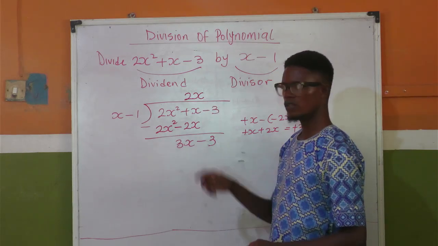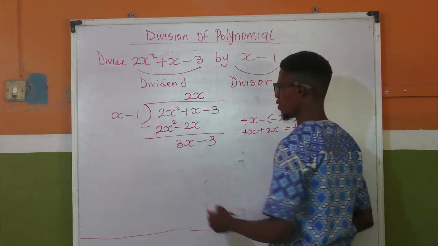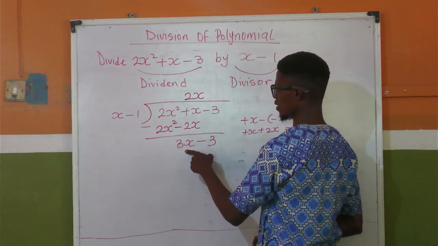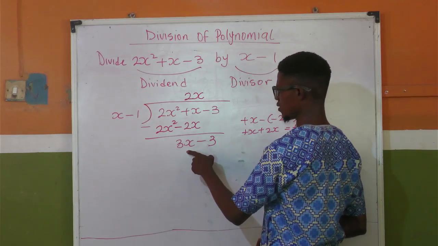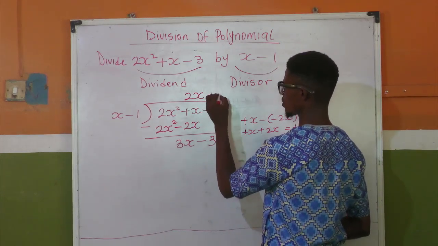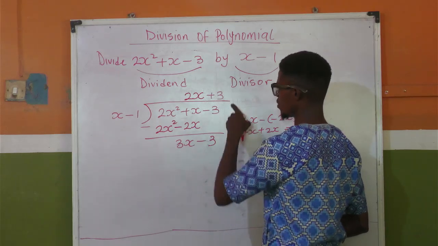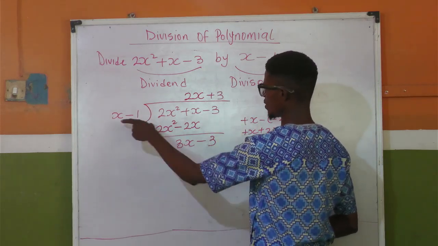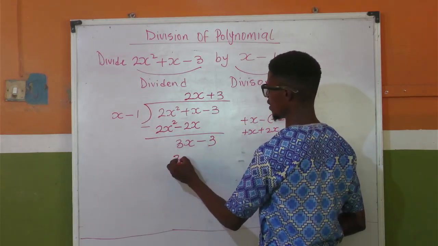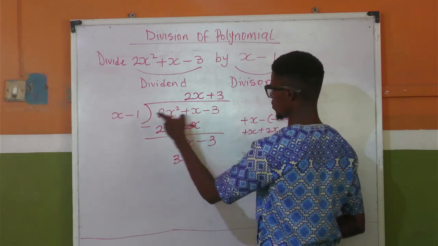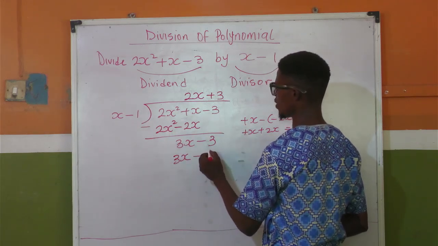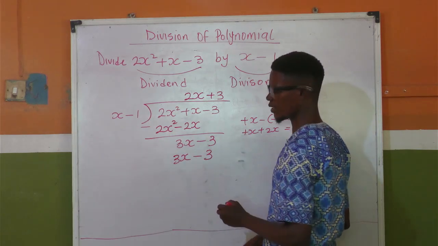So we are going to continue the division further. So I'm going to say 3x divided by x. That's going to be what? 3. So this will be plus 3. So 3 times x will give me 3x again. 3 times minus 1 will give me minus 3.